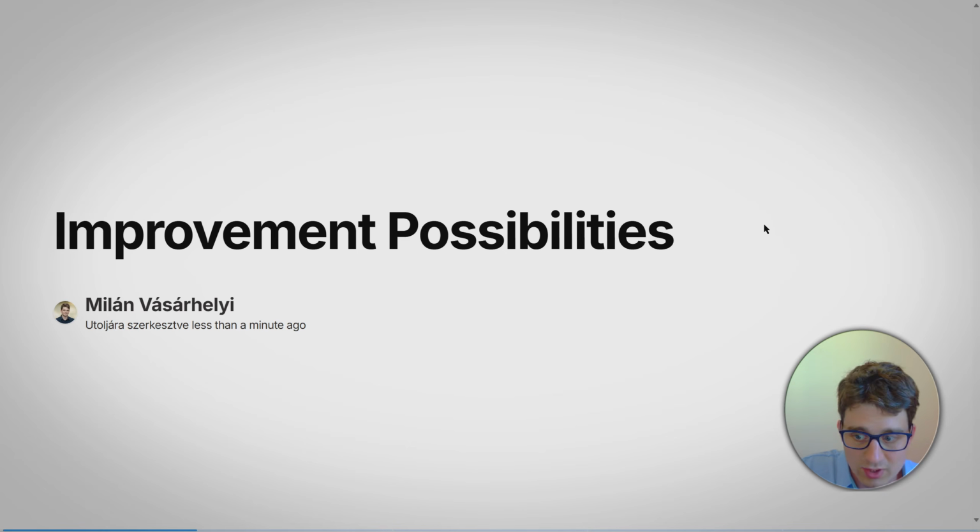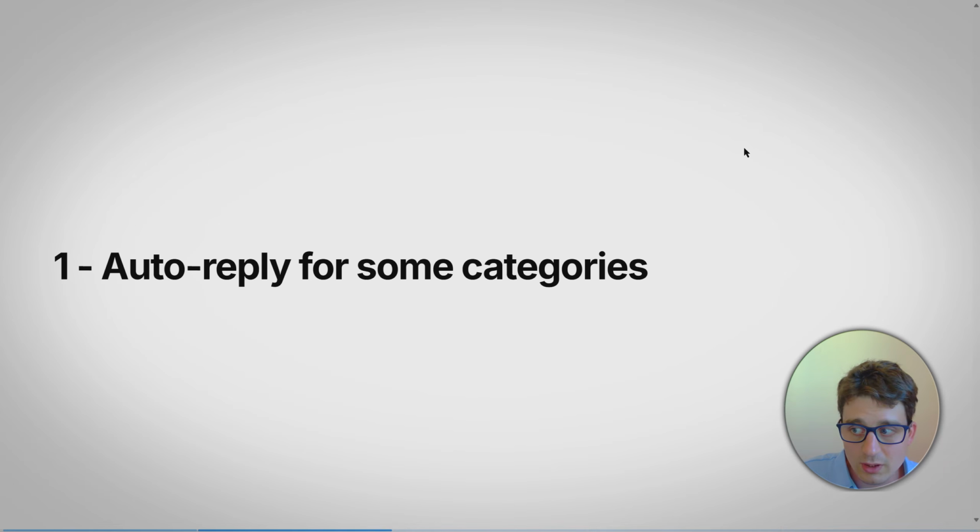Finally, I want to share some possibilities for further improvement for this automation, which did not make it into this template. So one possibility is to automatically reply, for example, to customer questions or quotations. We can set an expectation of when we will actually reply.